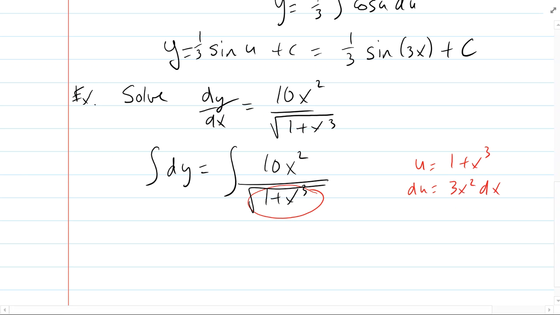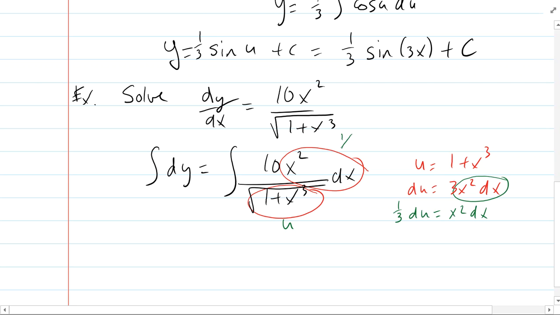Oh, I forgot my dx. I need a dx right there. Do you see that there's an x squared dx right here? And I have an x squared dx right here. Can I solve for that and do a substitution? Can I call this u? And then what do I need? Oh, did I do the 1/3 again? Oh my goodness. I'm so tricky.